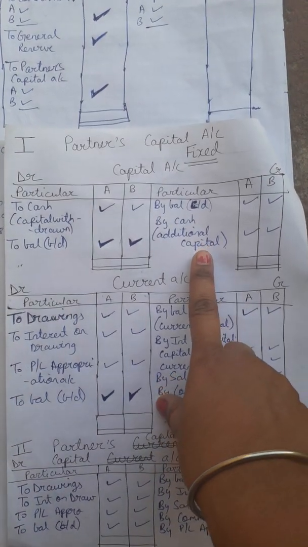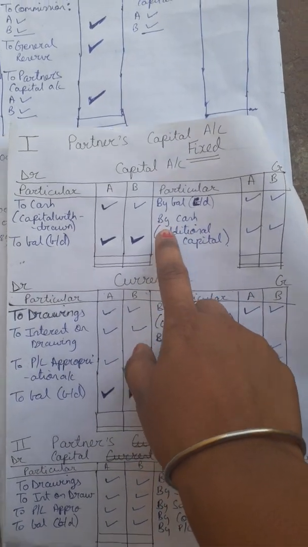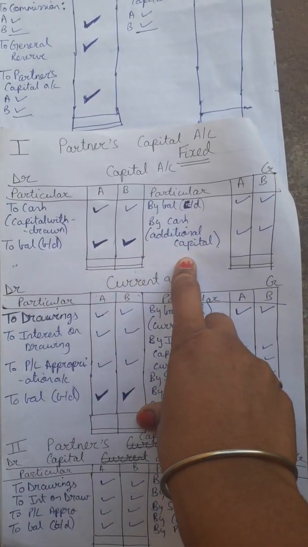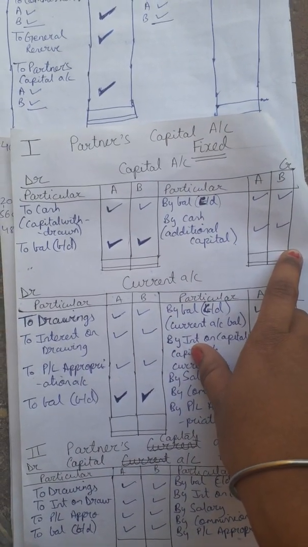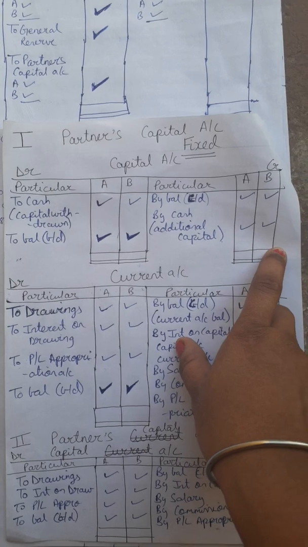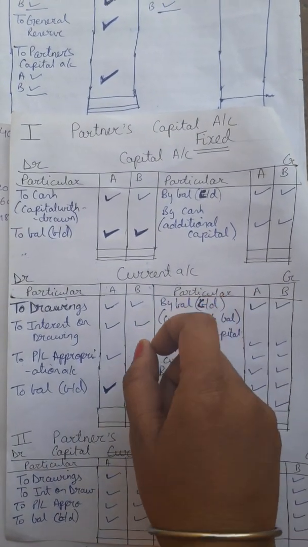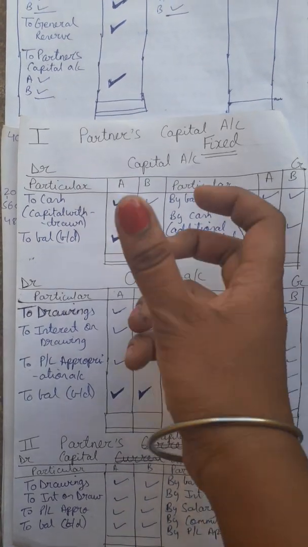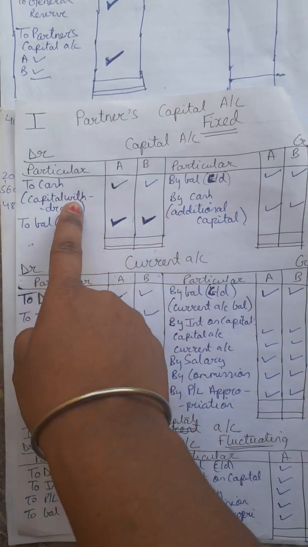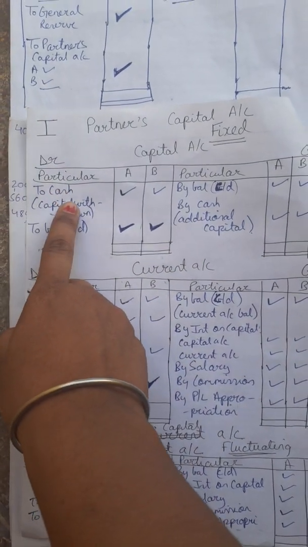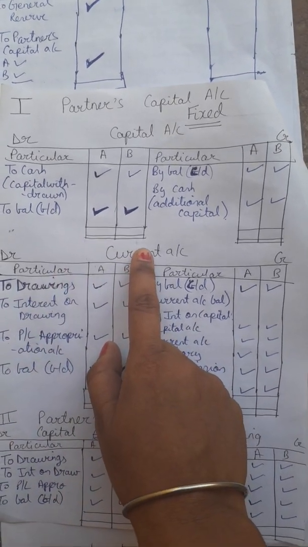Then on the credit side, you have to credit any additional capital brought in by any or both of the partners. In case the partners have withdrawn any amount from the capital which they have brought, it will be shown on the debit side under the heading To Cash. And again you have to close this account.